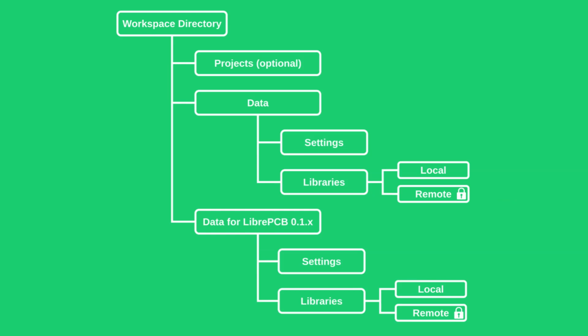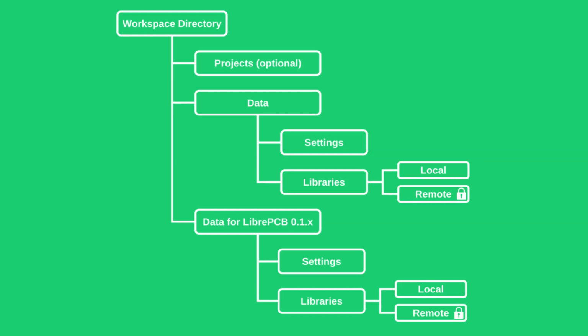Despite the term remote, those libraries are also stored locally in your workspace, but they are downloaded from the internet and installed through the integrated library manager. The library manager checks if new library versions have been published on the internet and allows you to install the updates with a single click. This way you can use our official libraries in your own workspace.